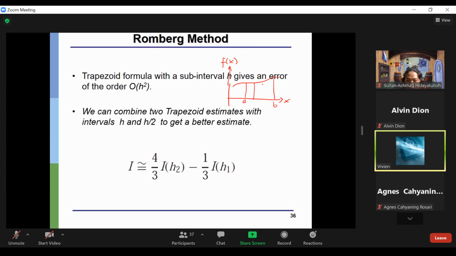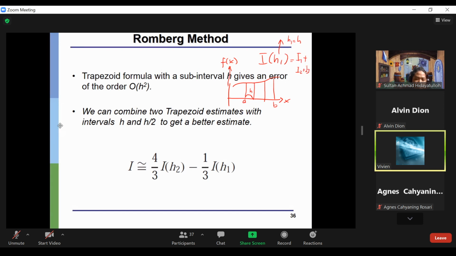Say we use 3 segments like this one, in which each segment has an interval length of h. With this, we have the calculation of I, which is called I h1, where h1 is equal to h. So that will be I1 plus I2 plus I3, and that will be the total.